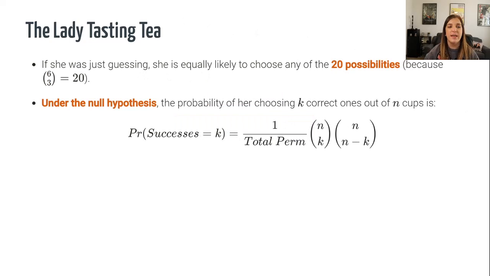If she's just guessing, then she's equally likely to choose any of the 20 possibilities, right? Because there are 20 different ways I could have randomly allocated the treatment.